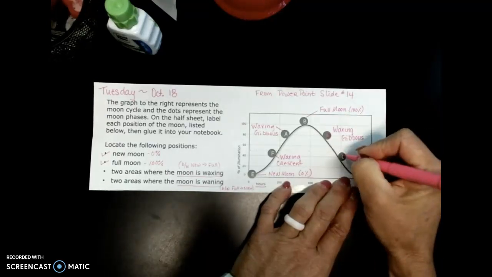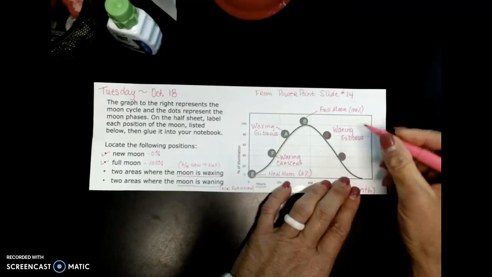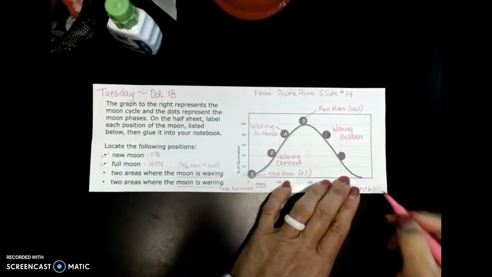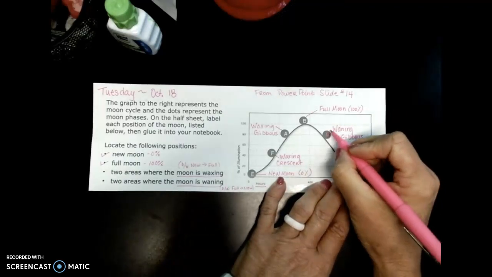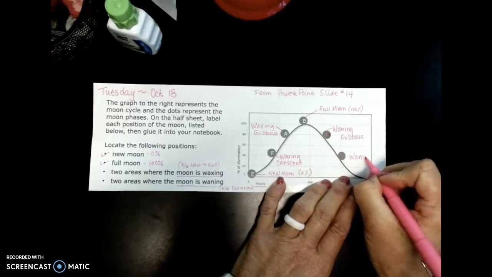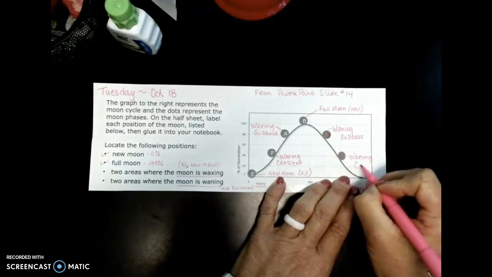And then as we continue on down, letter C is below our little 50% dots. So we know that this would be a waning crescent moon.